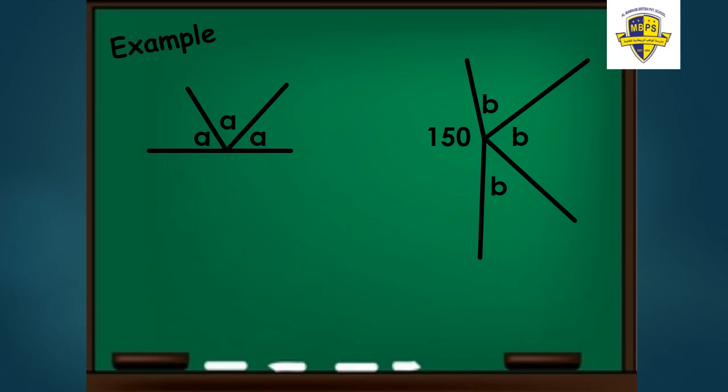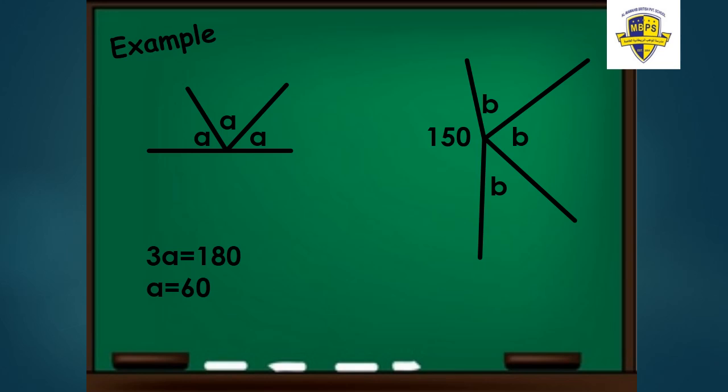Now look at the second one, angles around a point, which is 360. We divide it into four angles. One is 150 and the others are B, B, B. So here these angles are the same, equal again. So how will we solve that?